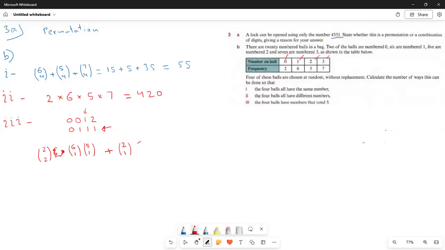It is 6 combination 3. So this is equal to 1 times 6 combination 1, which is 6, times 5 combination 1, which is 5, giving 30, plus 2 times 6 combination 3, which is 20, giving 40. So 30 plus 40, the answer is 70.